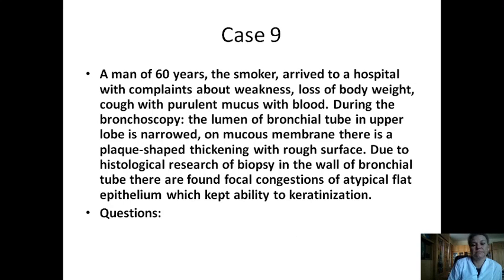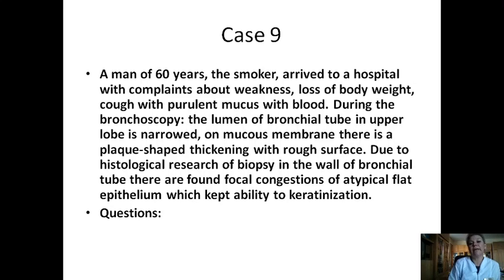The next case, case number 9. Situation: a man of 60 years old, a smoker, arrived to the hospital with complaints about weakness, loss of body weight, cough with purulent mucus with blood. During the bronchoscopy, the lumen of bronchial tube in upper lobe is narrowed.